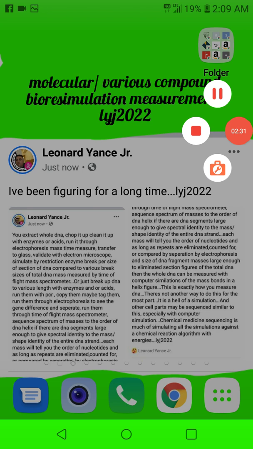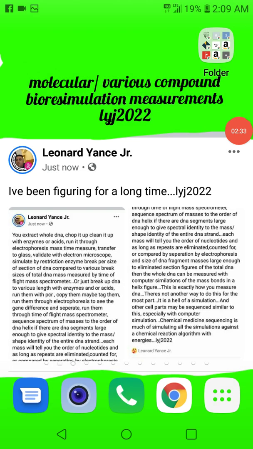If there are DNA segments large enough to give spectral identity, and identity is important in everything, especially atomic and molecular and compounds, to the mass shape identity of the entire DNA strand. Each mass will tell you the order of nucleotides as long as repeats are eliminated or accounted for.